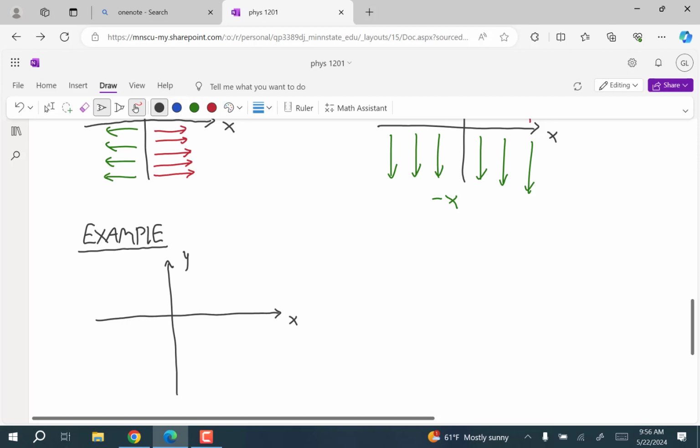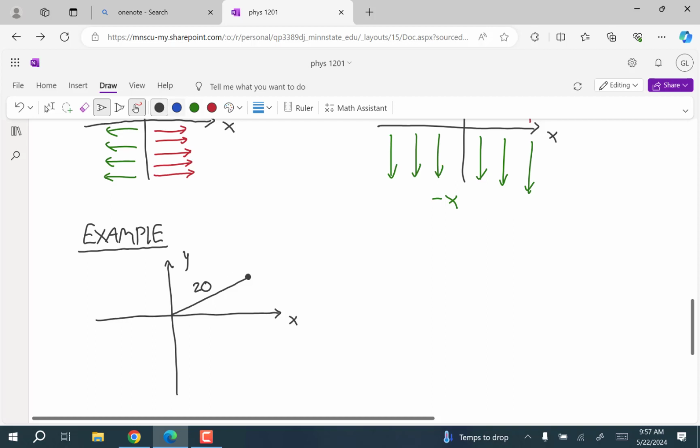And we're looking at the point, let's say that this is the point. And we know that if we draw a line from the origin of the coordinate system to that point, the length of this is 20.